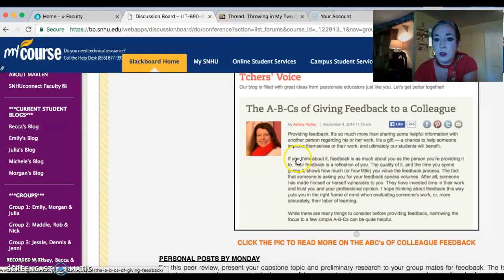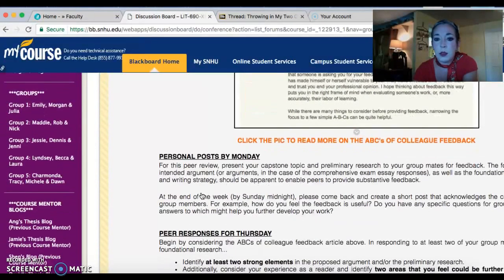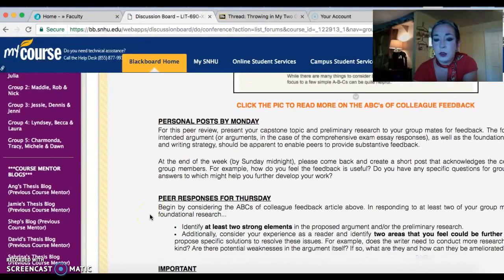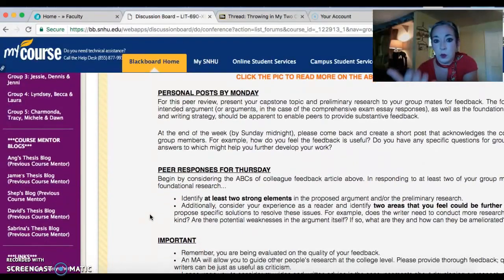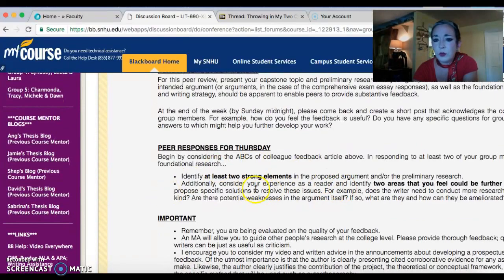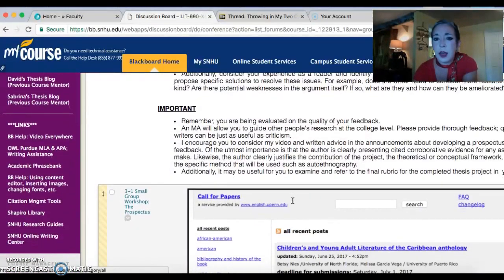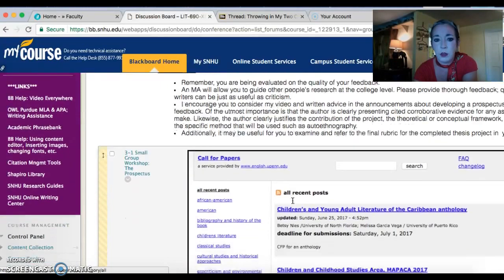He's also linked it, so if you click on the pic, you can read even more. He's added in his intellectual presence here as well as instructional, and really kept them on task. And he does this for every one of these.